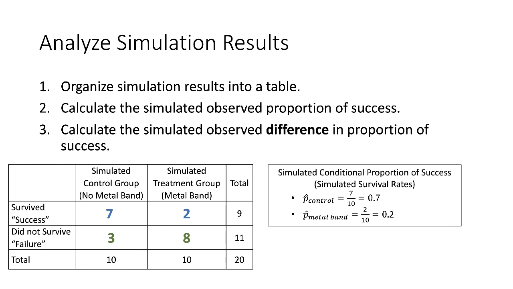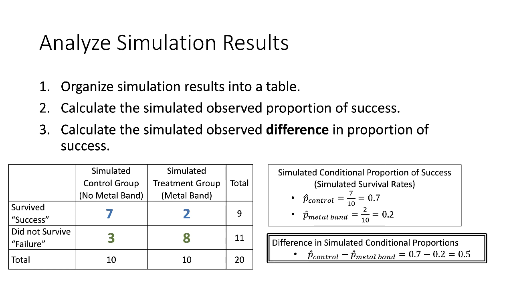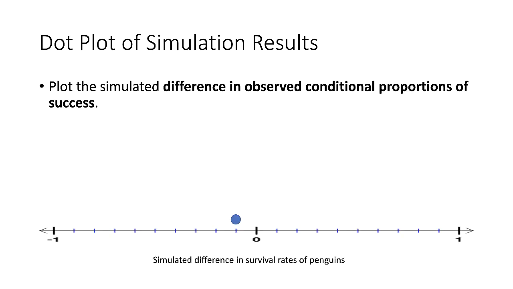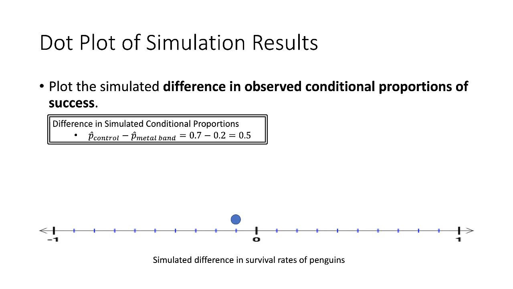And then calculate the simulated observed difference in proportions. So I would take 0.7 and subtract 0.2 to get 0.5. Then I would go back to my distribution and plot my new difference in simulated conditional proportions, which is 0.5. And then I would just keep repeating the simulation over and over and over again.